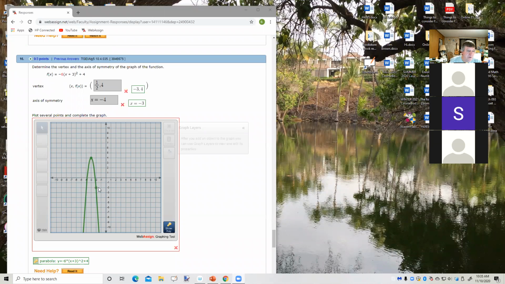So again, what you'd need to do to graph it, you'd come over here to the left, and we can't see them, but one of these, I think it's this one here, is a parabola. Click on it till it turns solid blue. And then you must plot the vertex first, click on that, and then click on the other ordered pair that you found, and your graph should appear. All right. Any questions on that problem before we go on?